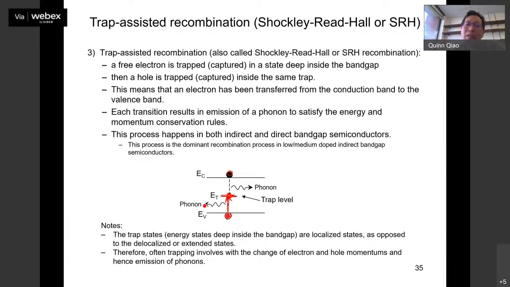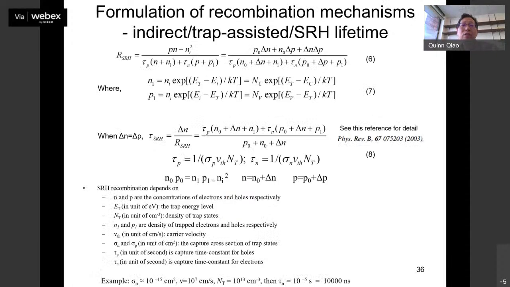In this process, it depends on the trap state. If it's really deep in the center, you may generate photons. If this state is close to the valence band or conduction band, you only generate heat, not photons, okay? So that's the trap. The trap basically helps assist the recombination. The trap-state-assisted recombination is very complicated.